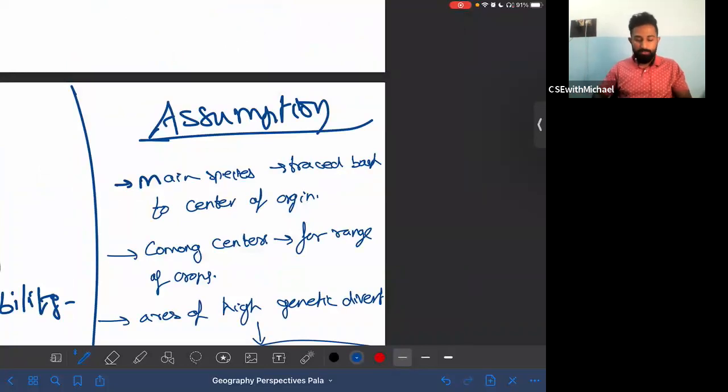We'll write a few things. Gene pool centers. Gene pool refers to the stock of genes found in an interbreeding population, the set of all genes found in an interbreeding population, that is, a particular species.